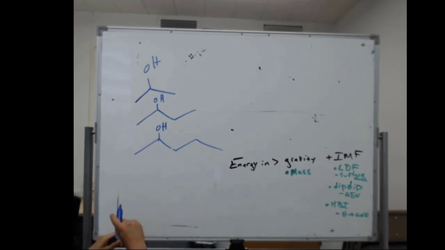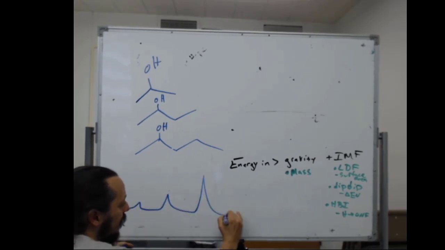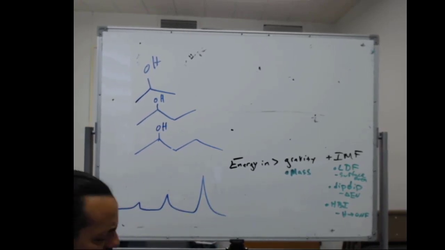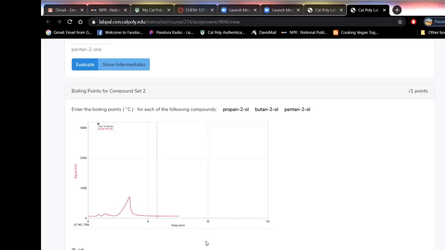So when I'm looking at that series of peaks, they don't actually look that good if we flip back to the other screen. When I'm looking at these peaks, I would say this first peak is likely to be the propanol.